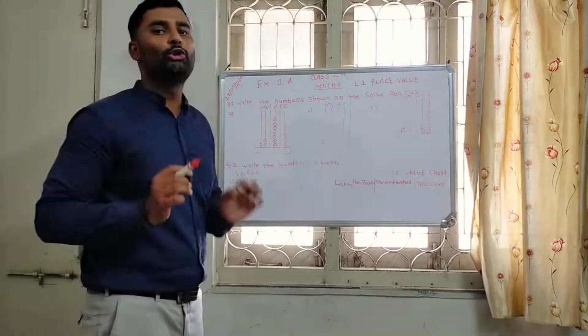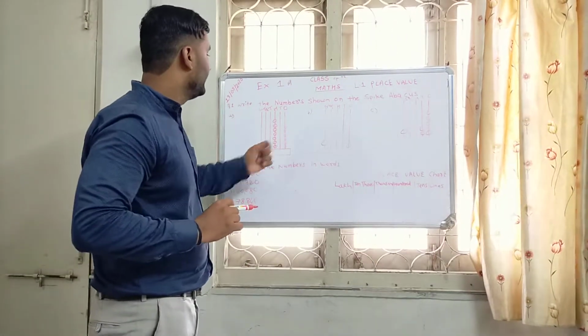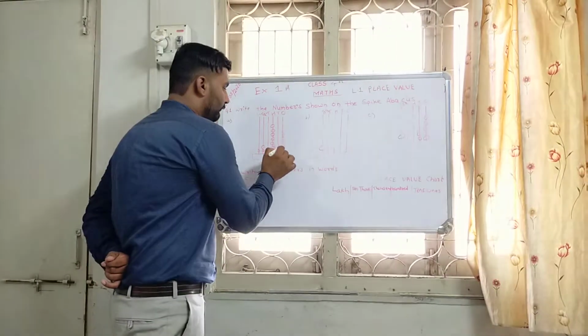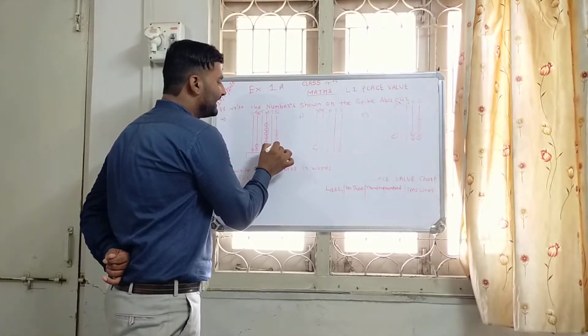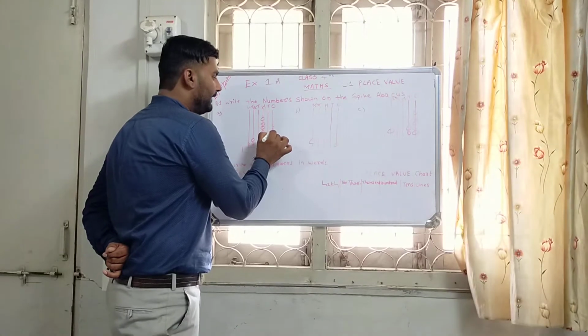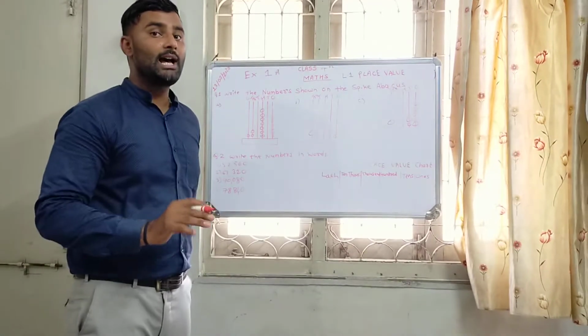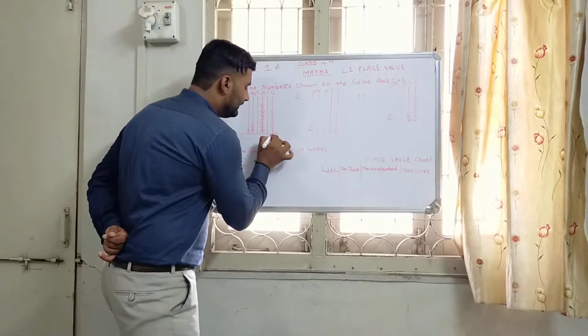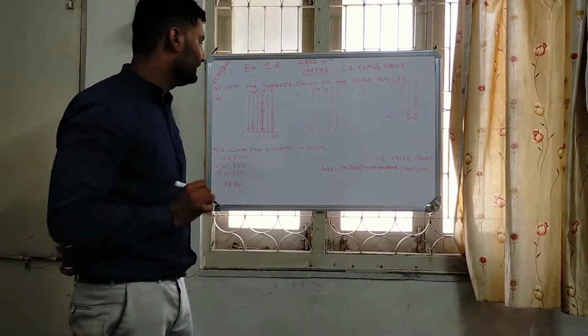Ones means unit ones. Just count with me: 1, 2, 3, 4, 5, 6. There are 6 beads. Just write down here 6.